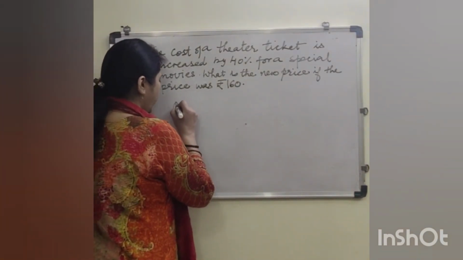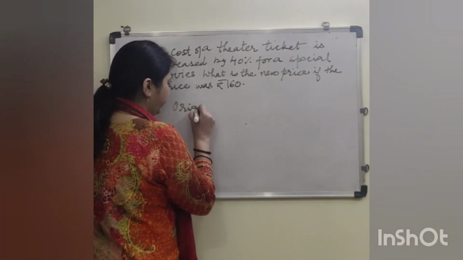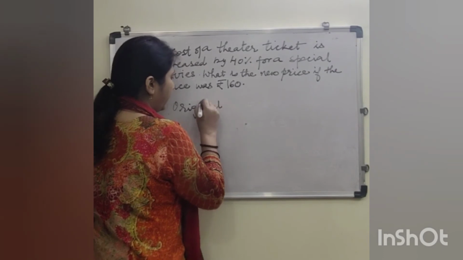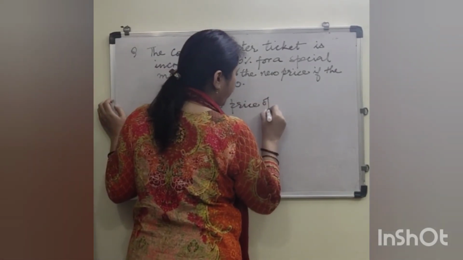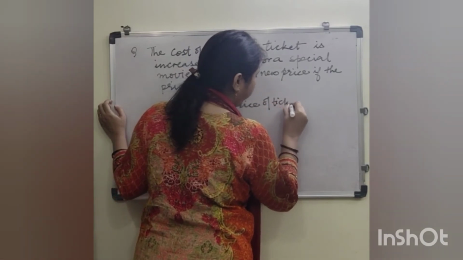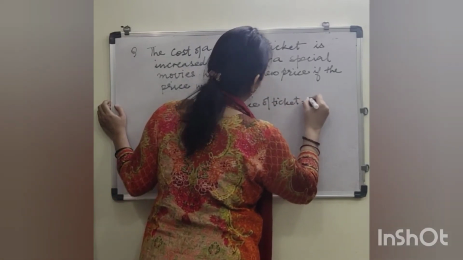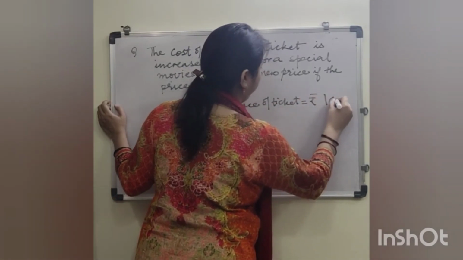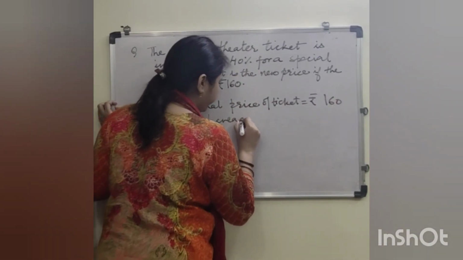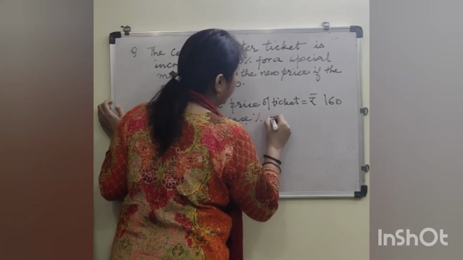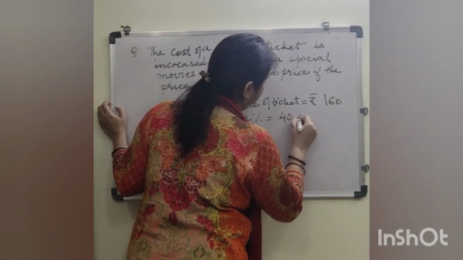First of all, write the original or normal price of the ticket, that is rupees 160. Increase percent, how much is it increased? 40%.